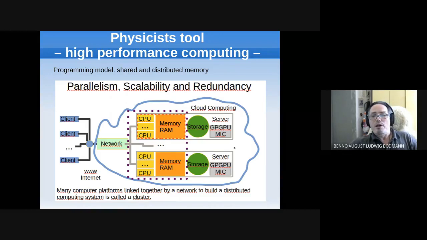But if we have more servers, they are connected with a network with interconnections. And there we have another model, which is the distributed memory model, because we have to access the memory on the other server and do the interchange of messages. Many computer platforms linked together by a network to build a distributed computing system is called a cluster.